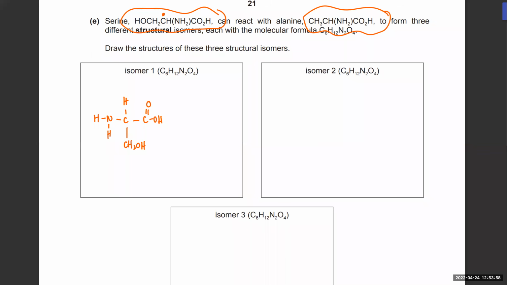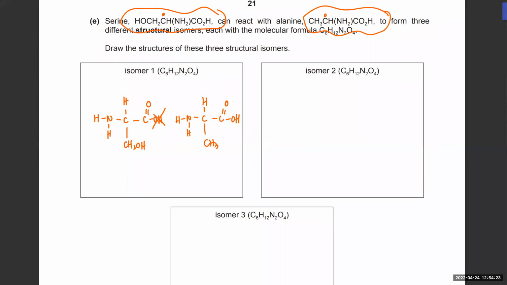The other one: start with the middle carbon atom. That's CH, and again it's got an NH2, and it's got a carboxylic acid on one side. And what's the R group? CH3, right?